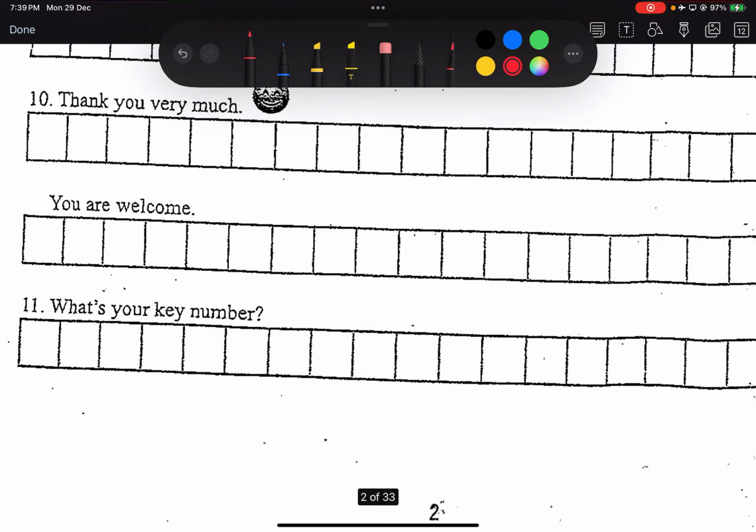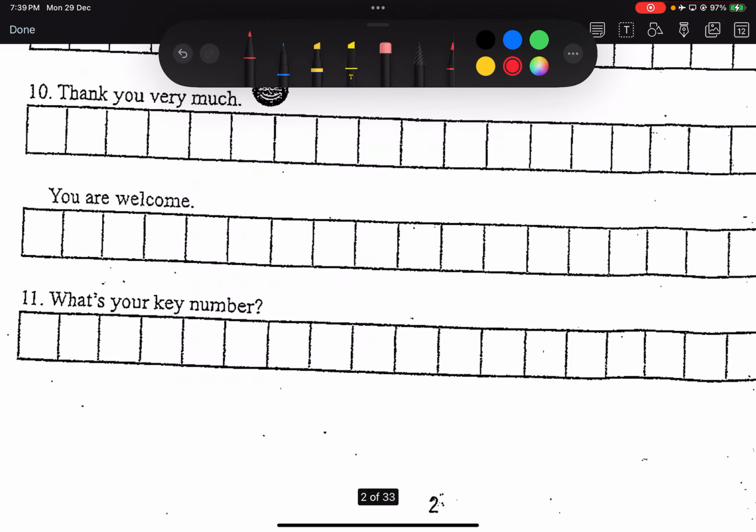Okay, next, you are welcome. どういたしまして。 But nobody says that. You want to try another one? こちらこそ. I don't remember this. That one is in the lesson 1 conversation. In lesson 1 conversation, they said one line. こちらこそ. Isn't it ありがとう as well?